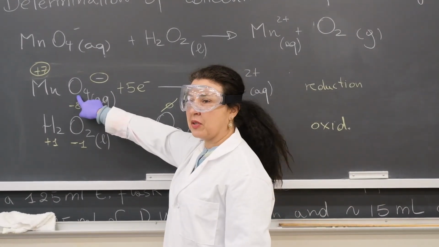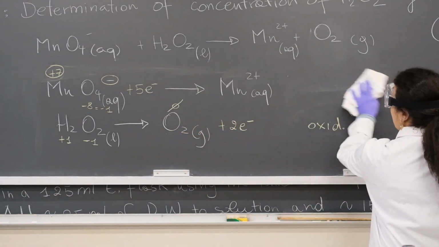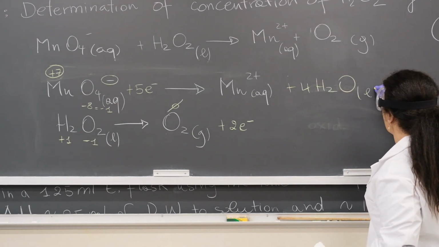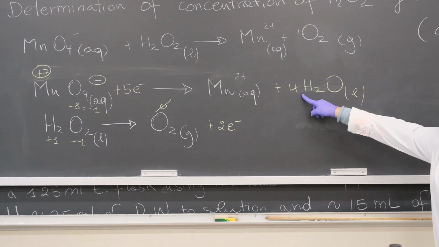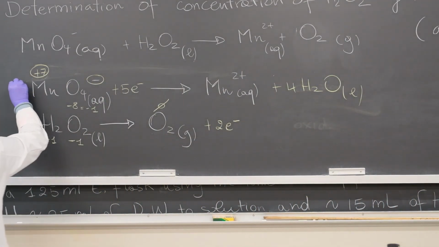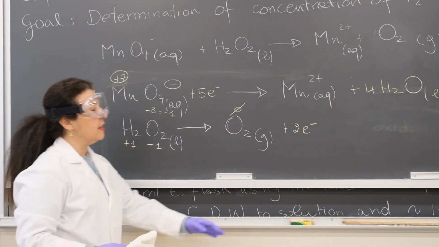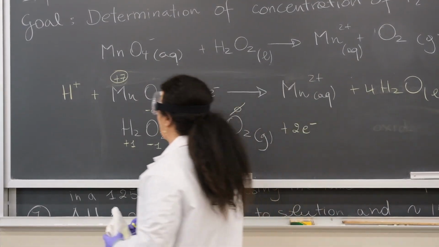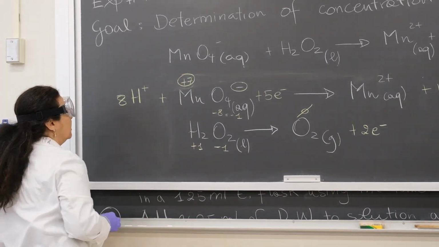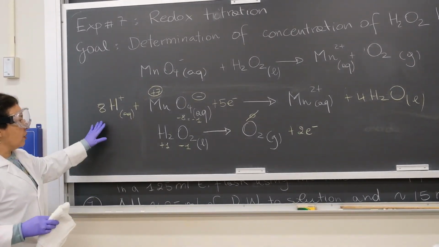So we have 4 atoms of oxygen, and they are balanced with 4 molecules of water, as a liquid, and the hydrogen that we have on the water side is added on the other side of the reaction as H+ from the acidic condition that we are using. So how many do we have? 4 times 2, 8 H+ cations, aqueous. So now this is balanced.